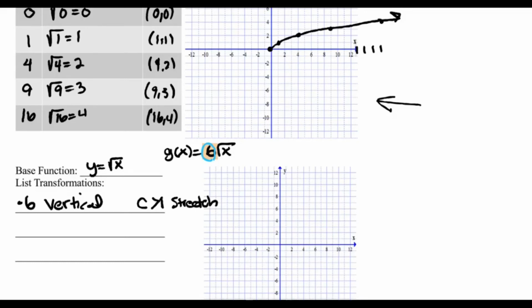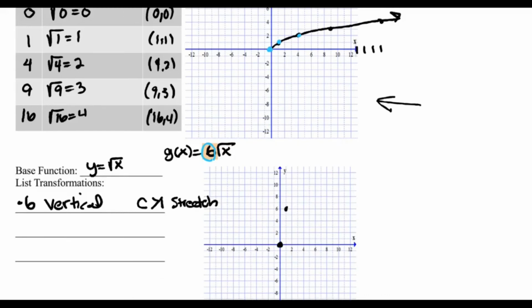So we have this ordered pair at (0, 0) has a y value of 0, and it will still be 0. 0 times 6 is 0. Then this point has a y value of 1, and that will become 6. 6 times 1 is 6. So it becomes (1, 6). And this next point here has a y value of 2, and 2 times 6 is 12.